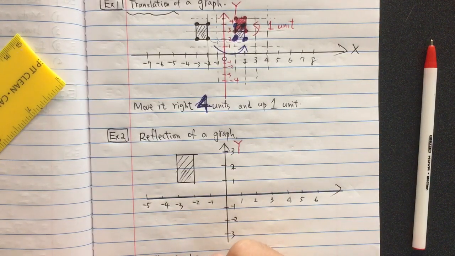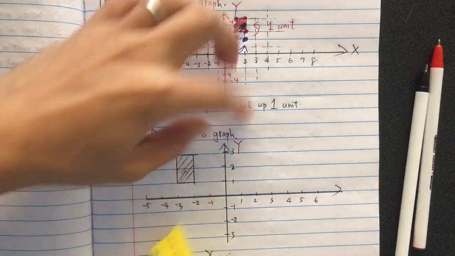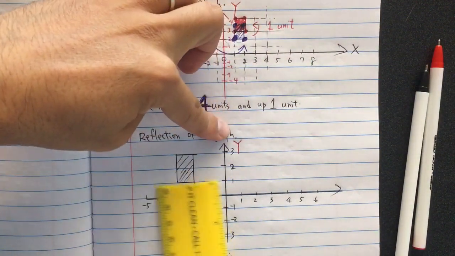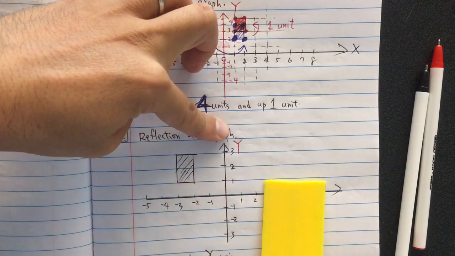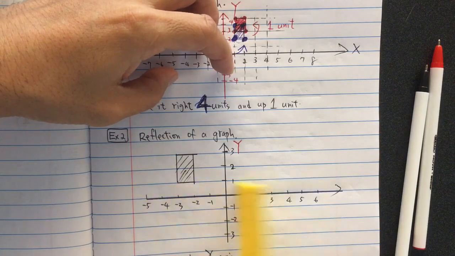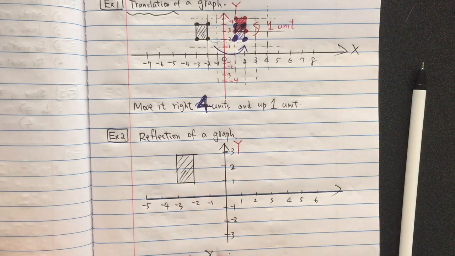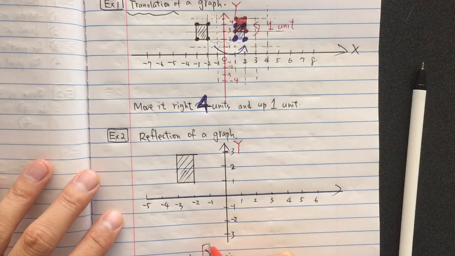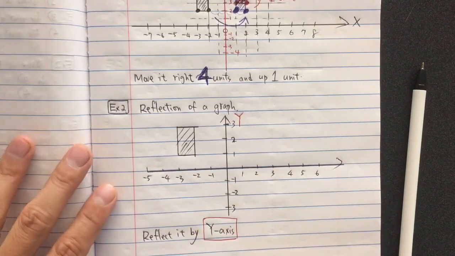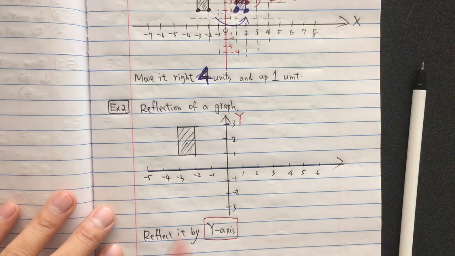Ladies and gentlemen, this is the y-axis, right? We need to reflect this way, by the y-axis. This is key, very important. Reflect by the y-axis means we need to have the same distance.